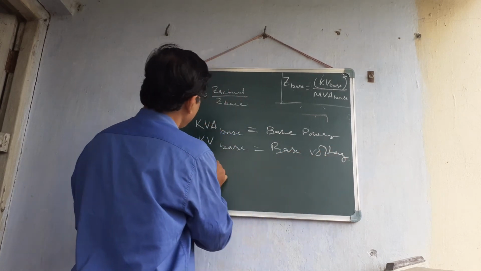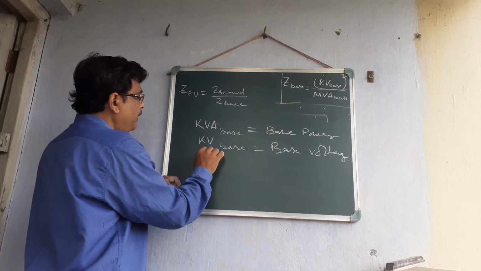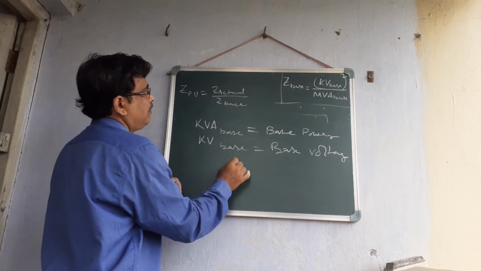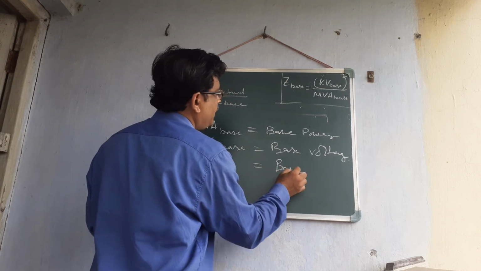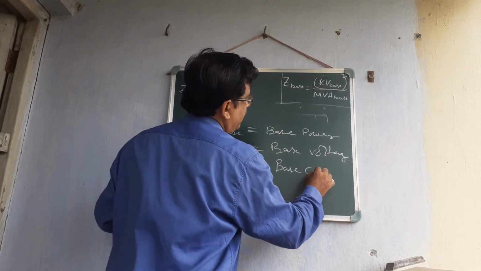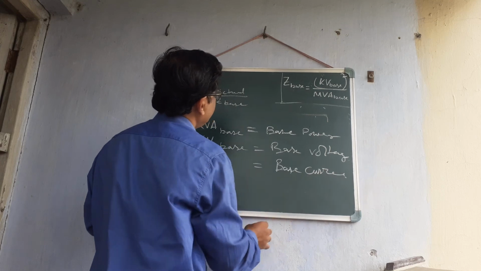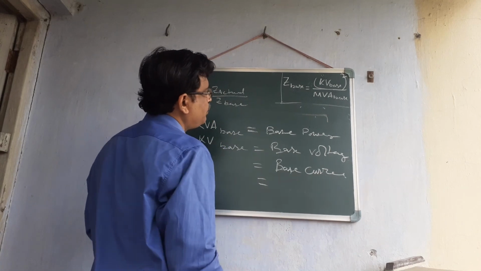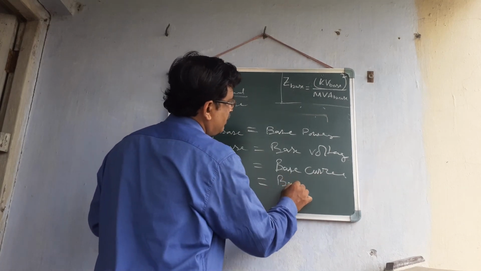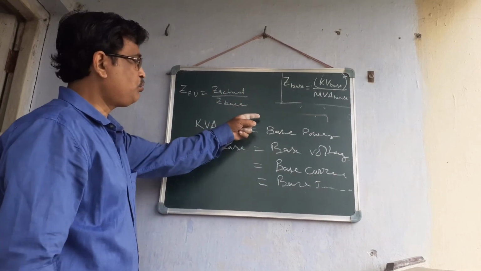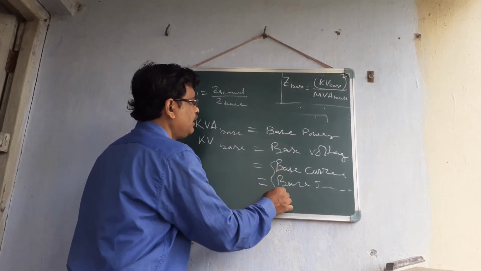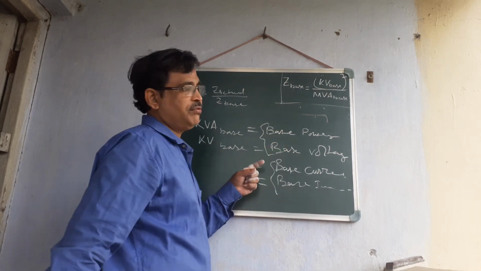From these, we derive the base current and the base impedance. So two are selected units and two are derived units.